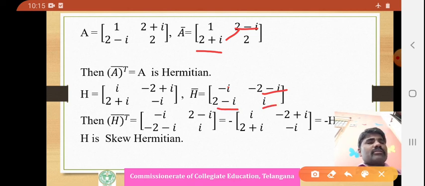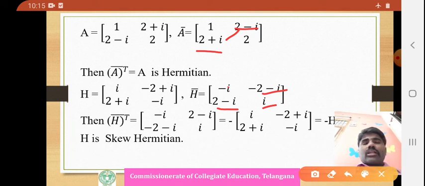A plus IB becomes A minus IB. The real part does not change. We change the sign of the imaginary part only, not the real part. 2 is the real part and I is the imaginary part. These are the conjugate of the matrix H.